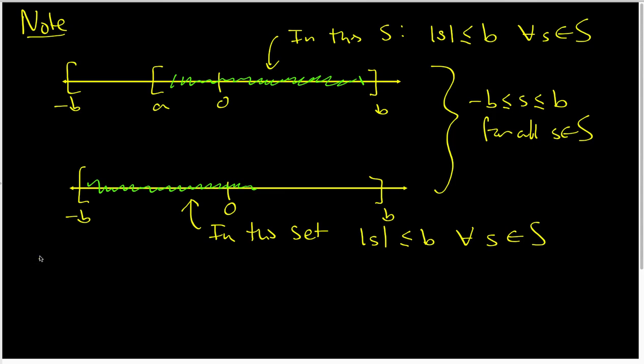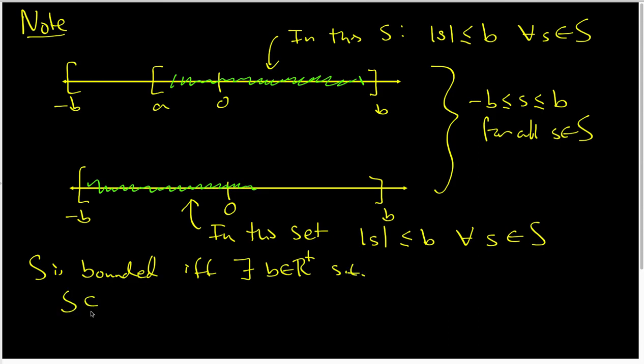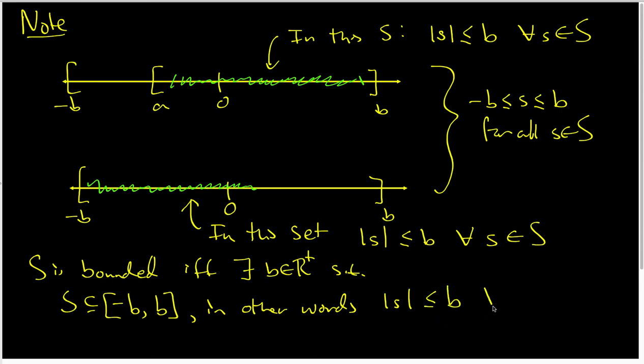We can also say that S is bounded if and only if there exists a positive real number B such that S is inside the closed interval from minus B to positive B, or in other words, the absolute value of little s is less than or equal to positive b for all elements inside my set. So we now have several different ways of thinking about what a bounded set means.